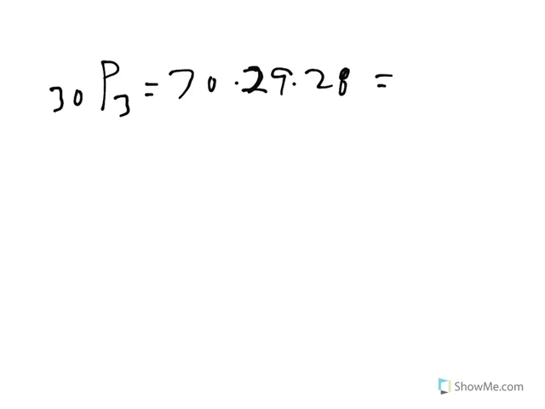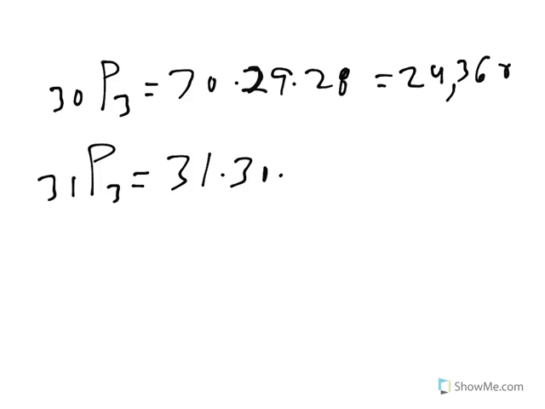So if the place has 30 flavors, the 3 scoop cones would be 24,360, and if in Baskin-Robbins they say they have 31 flavors, 31 times 30 times 29 is going to be a big number, 26,970.